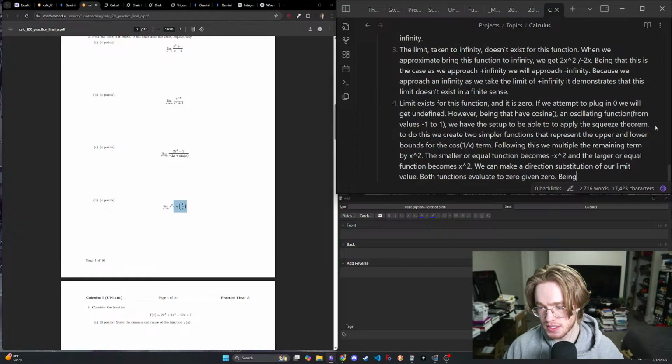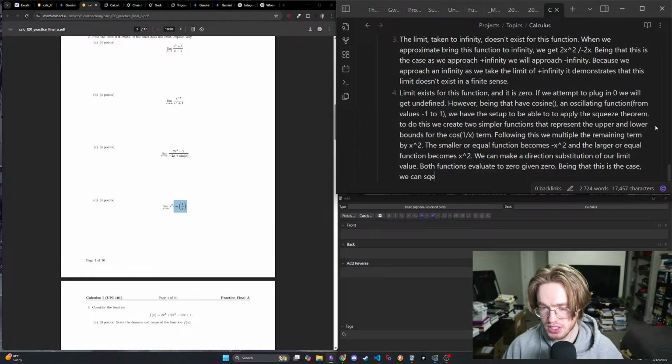Being that this is the case, we can squeeze the limit of the center function.